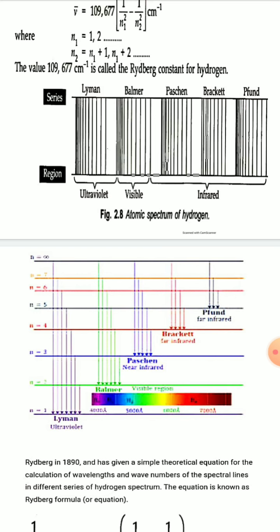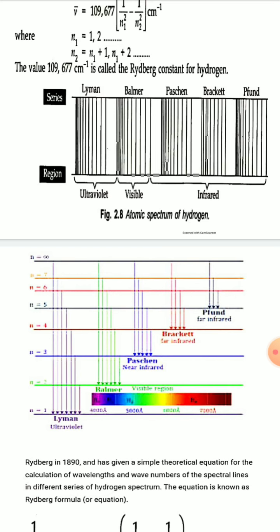When an electron moves from the third shell to the second, fourth to second, fifth to second, sixth to second, you will get the Balmer series. When an electron moves from the fourth shell to the third, fifth to third, sixth to third, seventh to third, you will get the Paschen series.